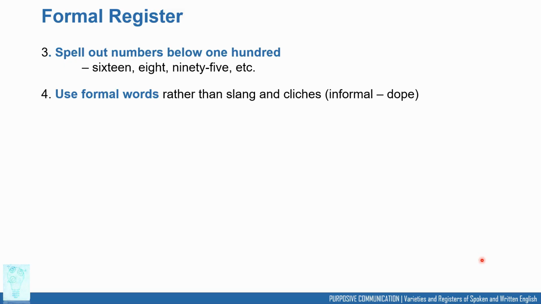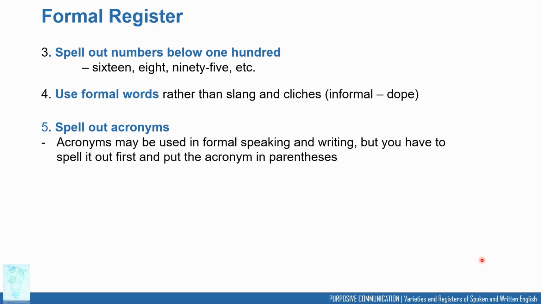Use formal words. And number five is spell out acronyms. An acronym like BSMT stands for Bachelor of Science in Marine Technology. Acronyms may be used in formal speaking and writing, but you have to spell them out first and put the acronym in parentheses.